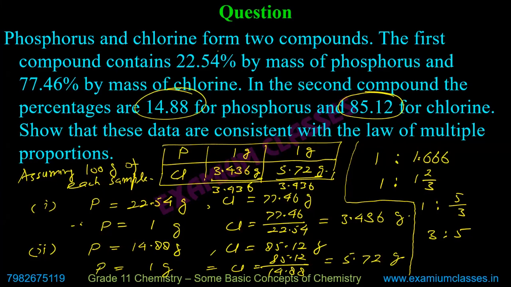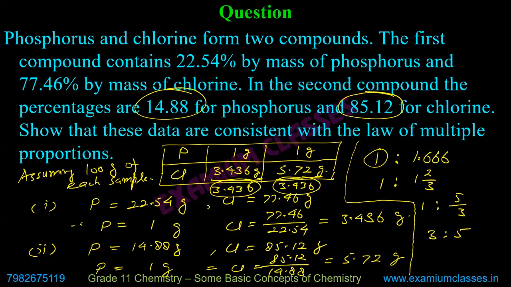And we are trying to convert these to simple whole numbers, that is integers. So what I did, I converted one to integer. When I divided this by the same thing, I converted it to 1. But I just can't divide one number. I will have to divide both by the same number so that the ratio does not change. This is something you know from your 6th, 7th, 8th grade.